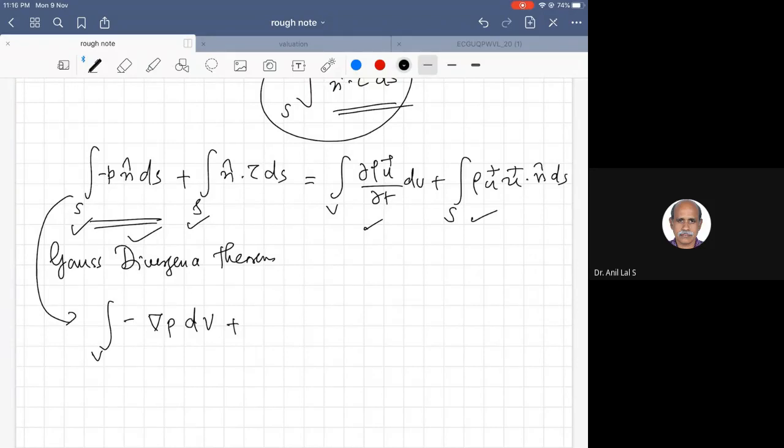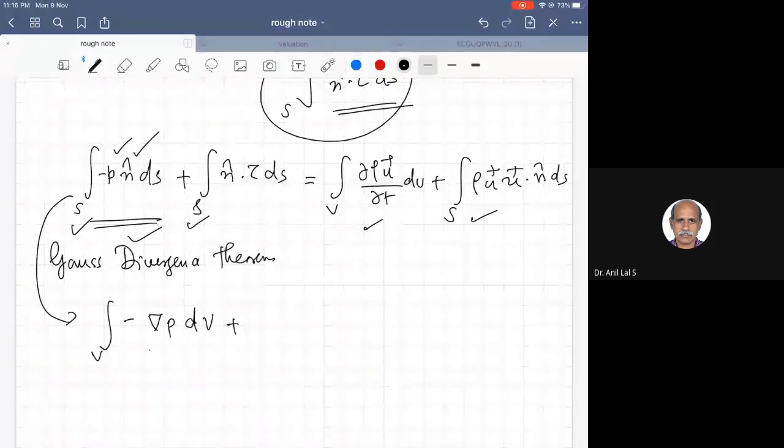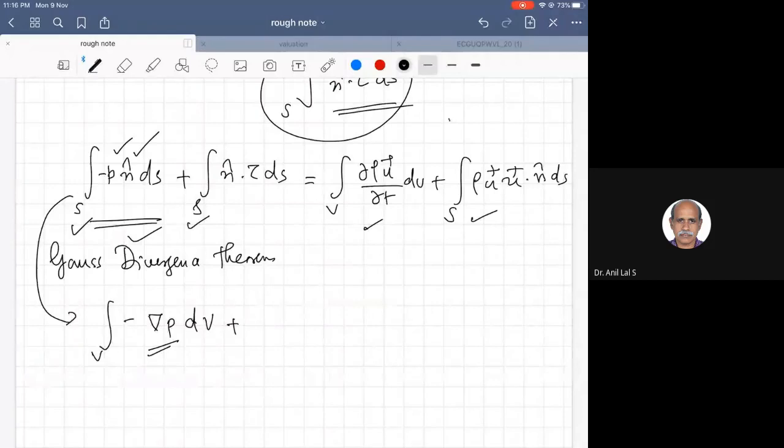So actually we should have a scalar quantity multiplied by n becoming del of that scalar quantity, or if it is a vector quantity or a higher order tensor, then it is dotted with n. Here n dot tau is there, so that has to be changed first.